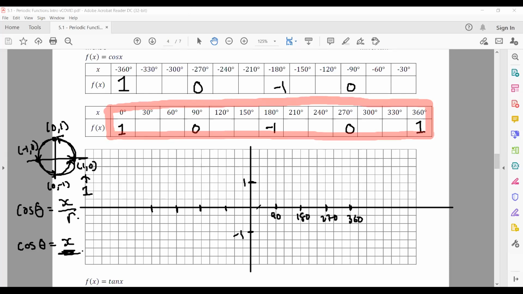I am starting my function at a maximum, and then at 90 degrees, 0, and at 180 degrees, -1, back to 0, and at 360, I go back to my maximum. And we're still following the circle phase. So from 0, it's going to be half, half, -half, and -half.